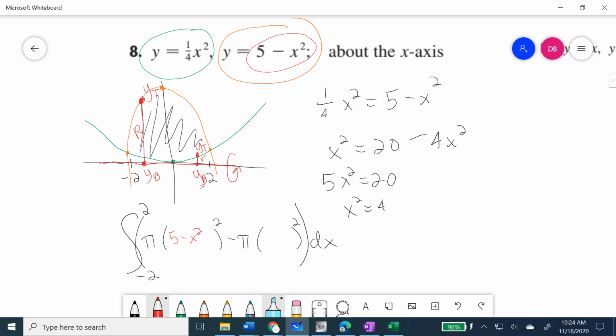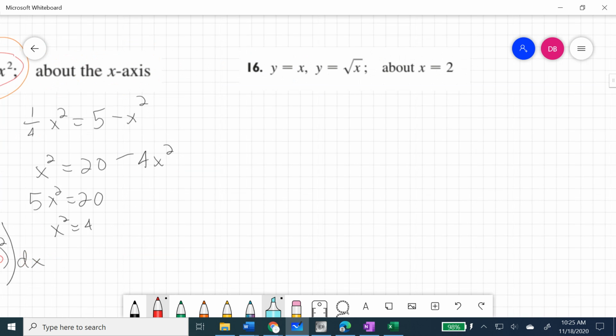The y value of the bottom is 0, which you don't have to write. For the inner radius, the top y value is 1/4 x squared, and the bottom y value is 0. From there, it's a matter of solving the integral, and on the quiz, you will have a calculator to solve the integral.